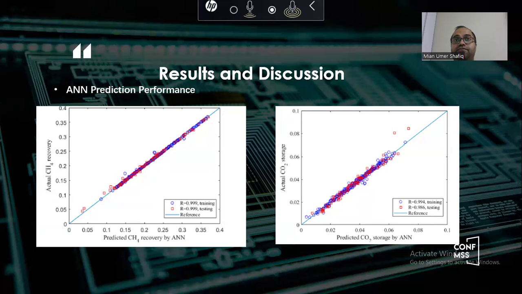Similarly, the effect of ANN for predicting CO2 storage capacity, as shown in the figure on the right side, is 0.994 and 0.996 for the training and testing purposes. It also shows a very strong relationship between the CO2 storage and the predicted CO2 storage. This is using the ANN models.